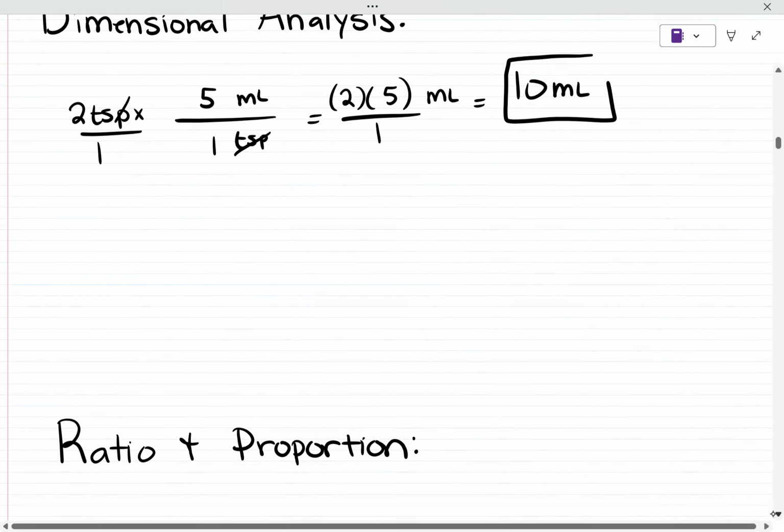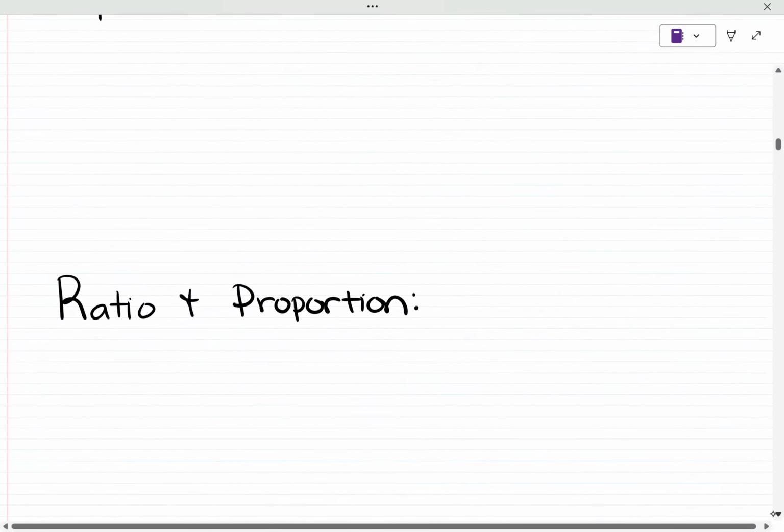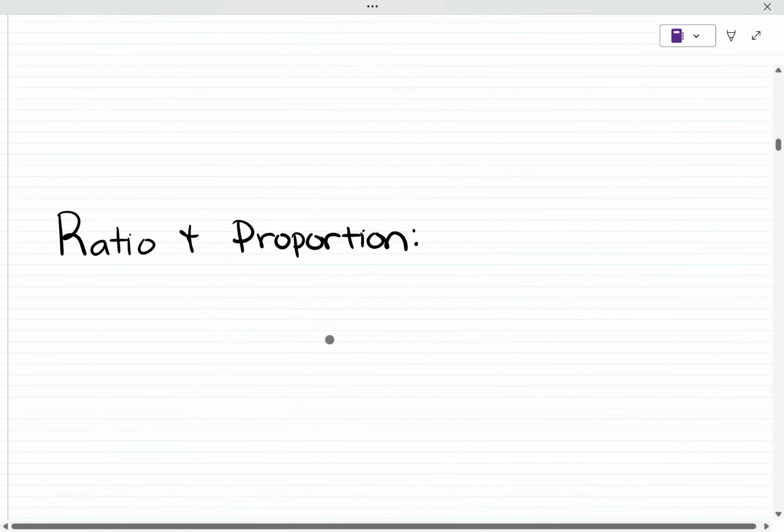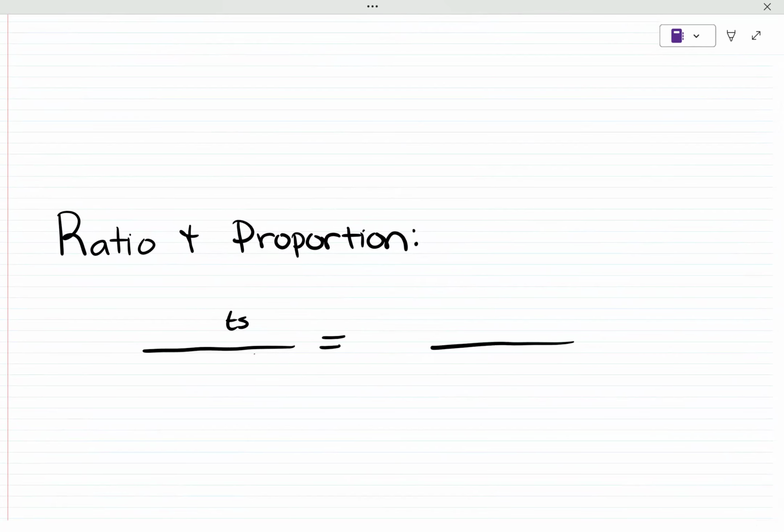Okay, ratio and proportion. So set it as a fraction. You put TSP on the top, milliliters on the bottom. For 1 teaspoon, there's 5 milliliters, and for 2 teaspoons, we want to know how many milliliters there are.